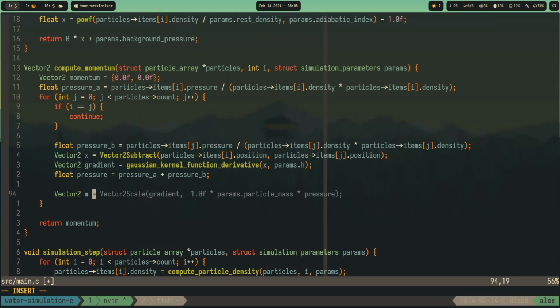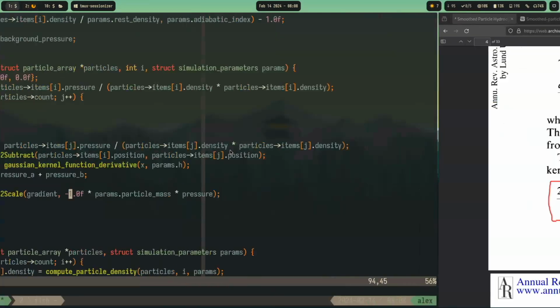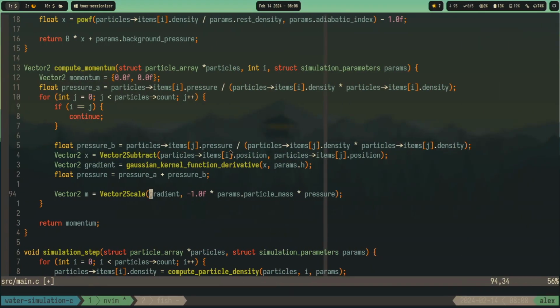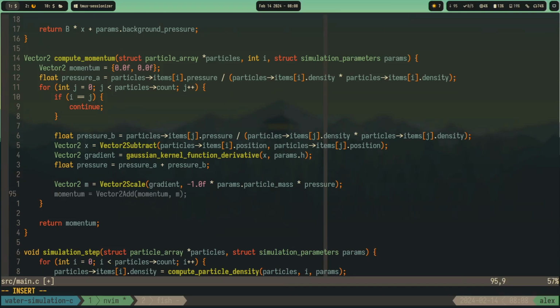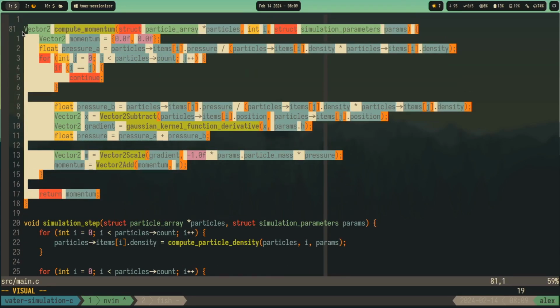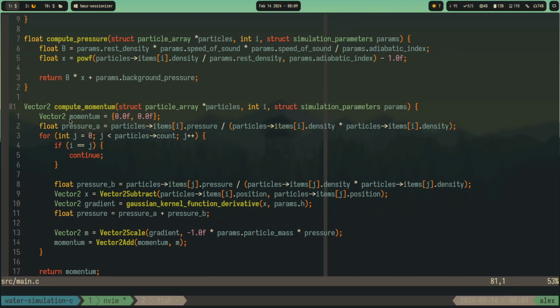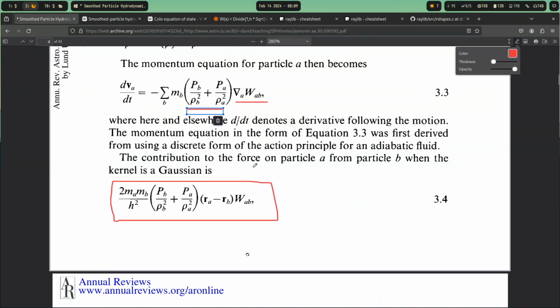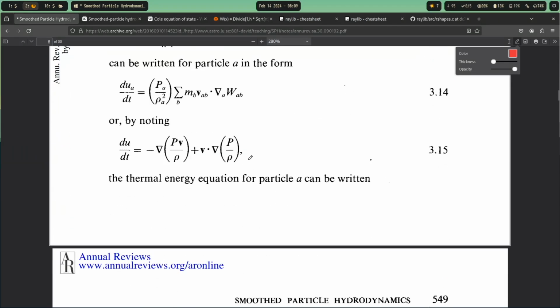It should be -1 times mass times pressure, and we scale the gradient with that, and then we have to add it to the momentum. So this should give us the acceleration, but based on the other particles, right?